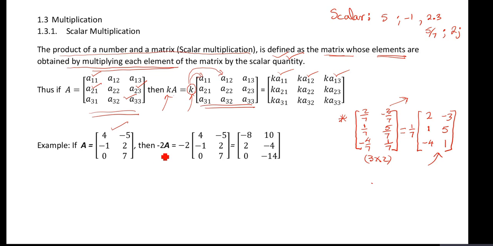If I'm going to multiply by minus 2, that means this entire matrix multiplied by minus 2 times 4, minus 8, minus 2 times minus 5, plus 10, plus 2, minus 4, minus 2 times 0, minus 2 times 7, minus 14. Scalar multiplication, I hope, once again, seems to be straightforward.